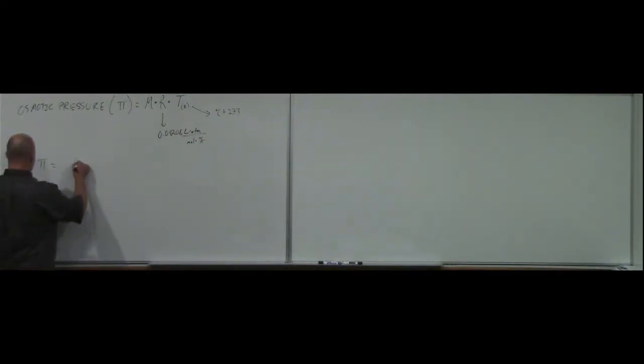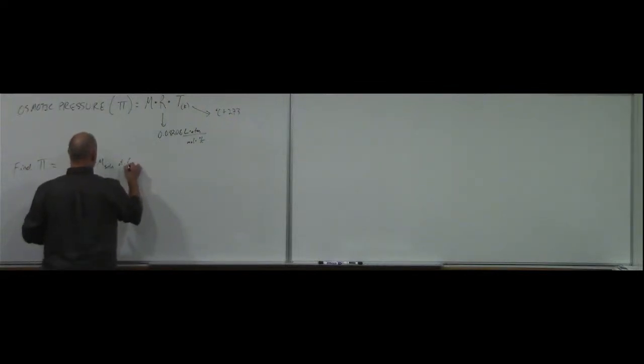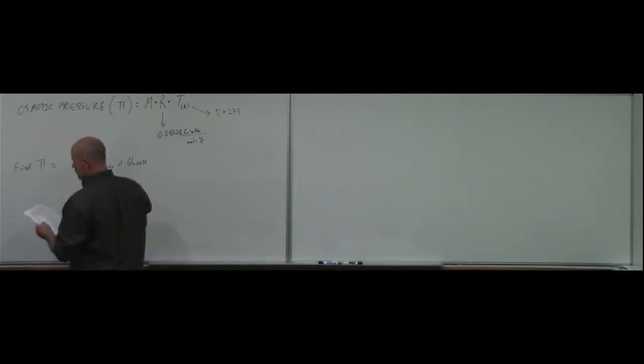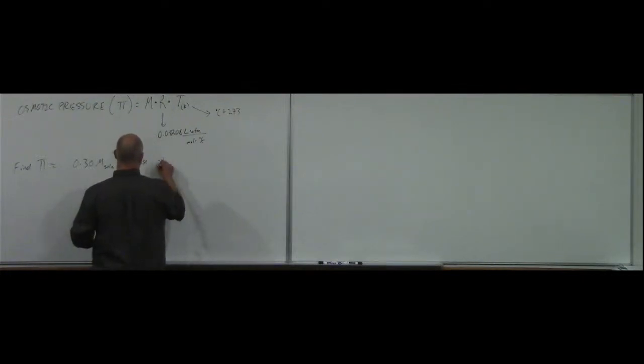What is the osmotic pressure of a 0.30 molar solution of glucose in water that is used for an intravenous infusion at body temperature of 37 degrees?